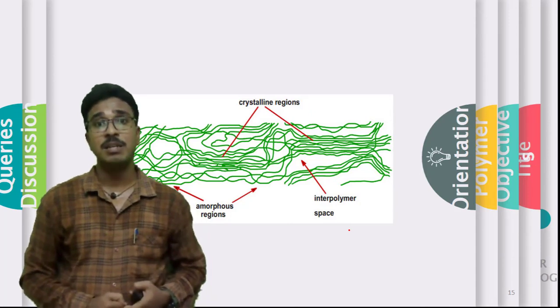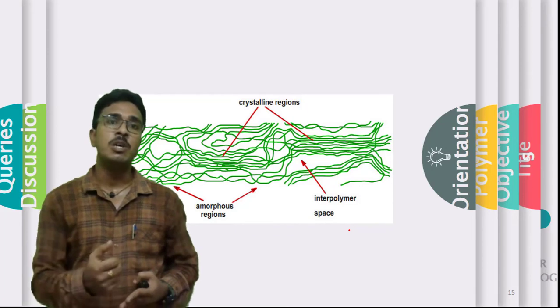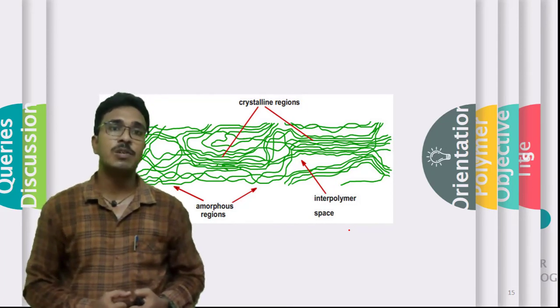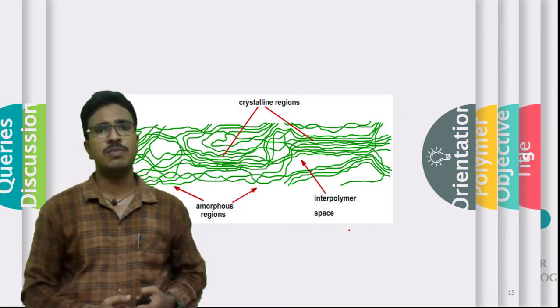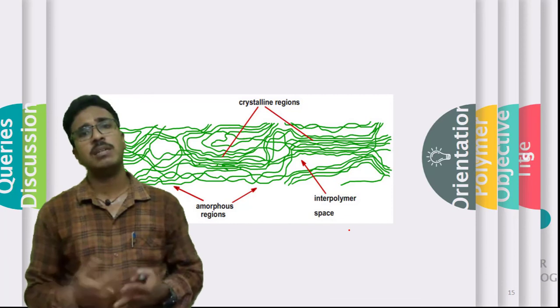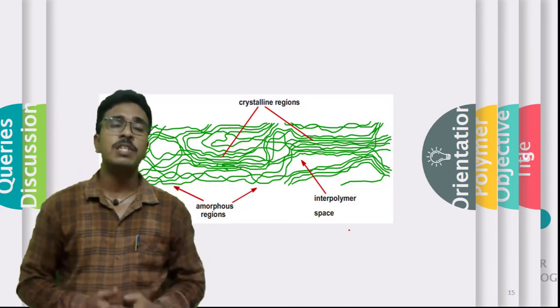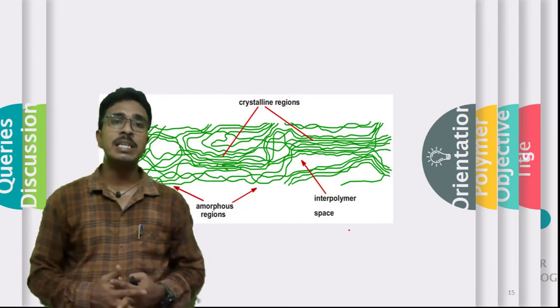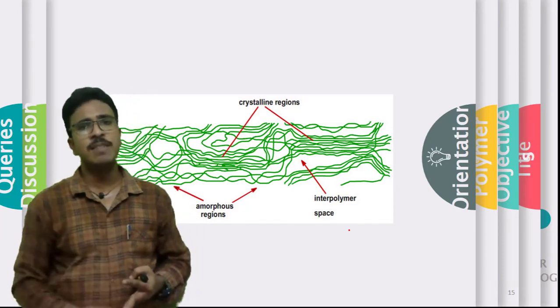But when you take polyester, it consists of more than 90 to 95% crystalline regions, which makes the polymer highly hydrophobic in nature, where the amorphous region is very little.